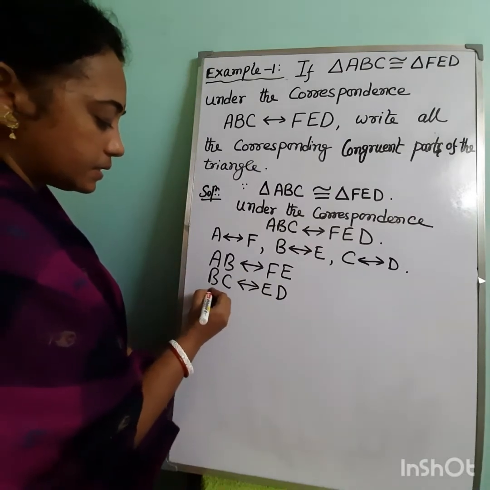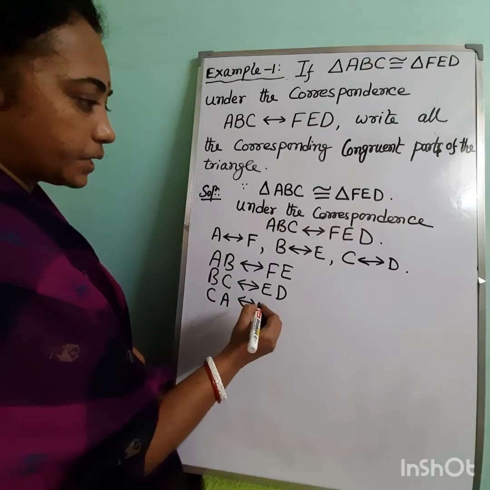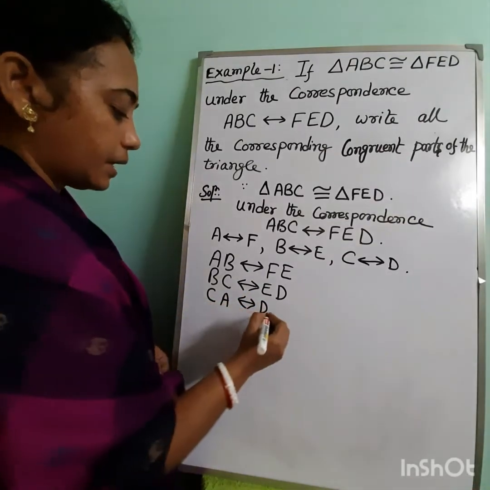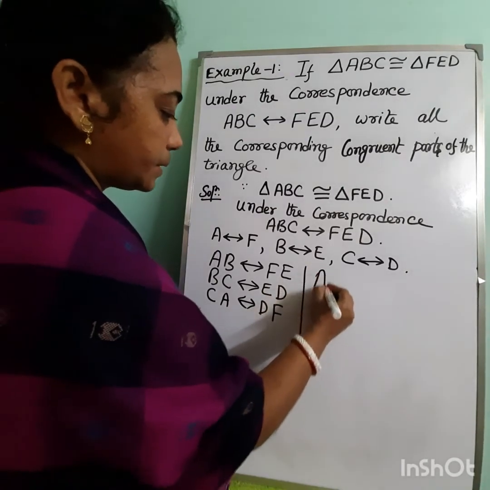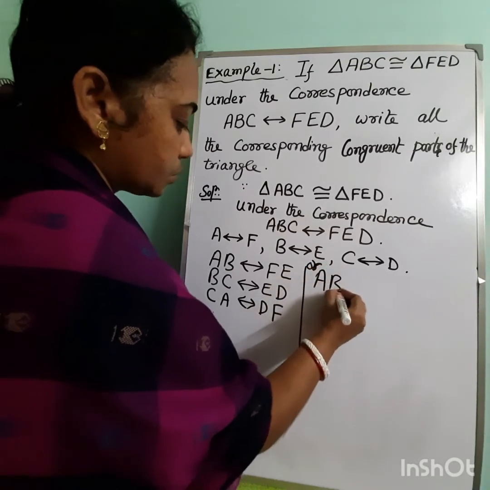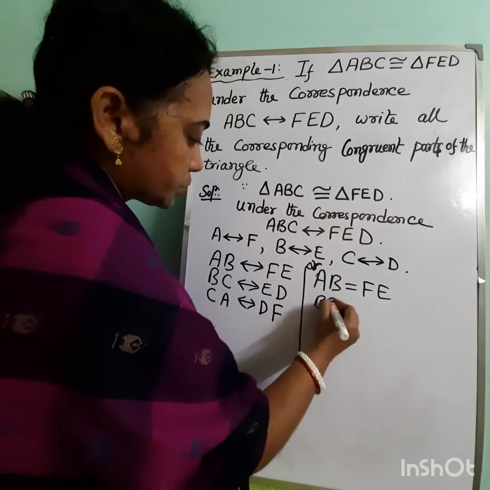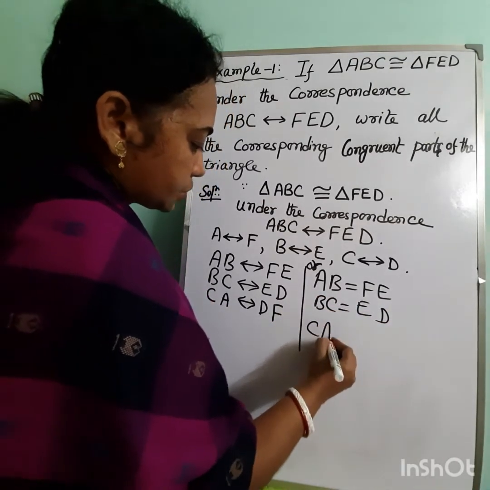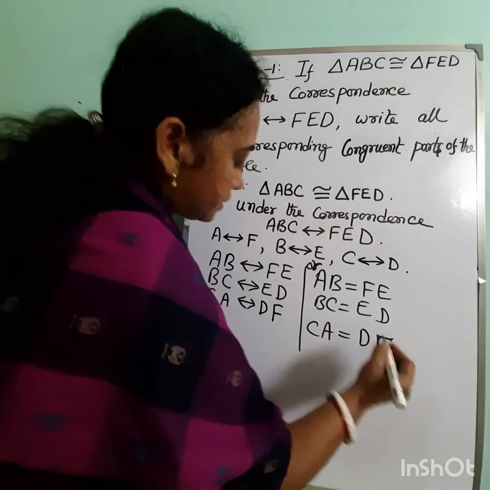Then CA corresponds to DF. Or simply we can write AB is equal to FE, BC is equal to ED and CA is equal to DF. Any of this we can write.